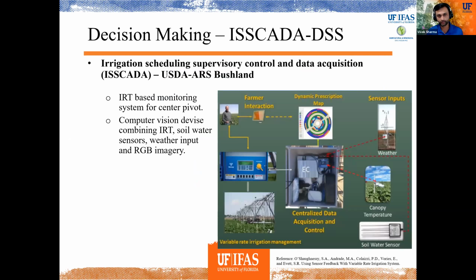One system that is being developed or used for variable rate irrigation is called the SCADA system, developed by Bushland, Texas, in collaboration with Valmont Industries, in which they integrated the weather data, canopy temperature data, as well as soil moisture data into a centralized data acquisition control system, which develops the prescription map and then feeds into the irrigation system to apply the water variably.